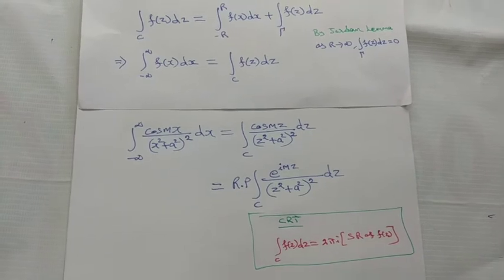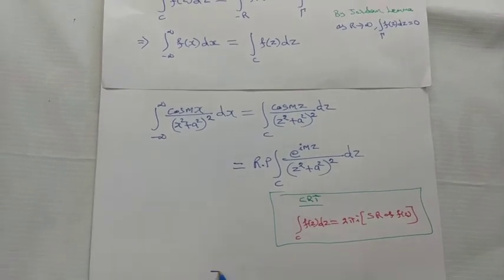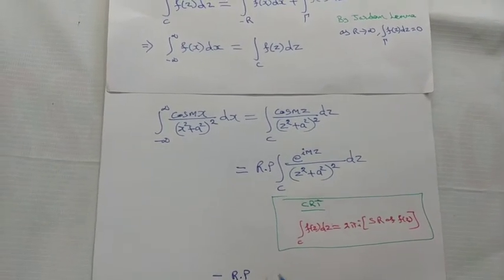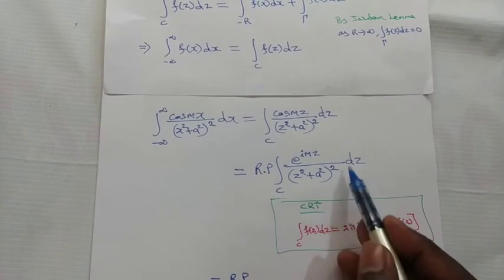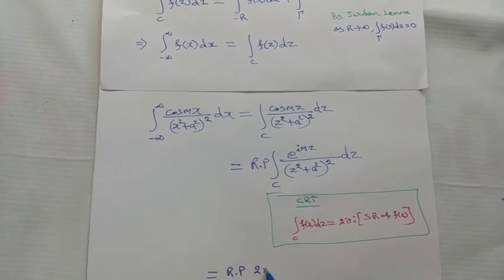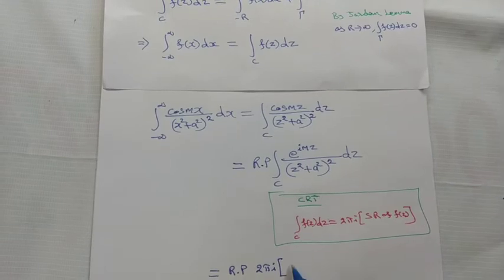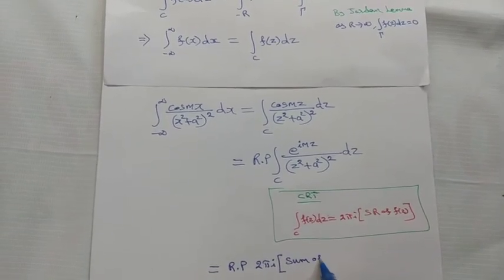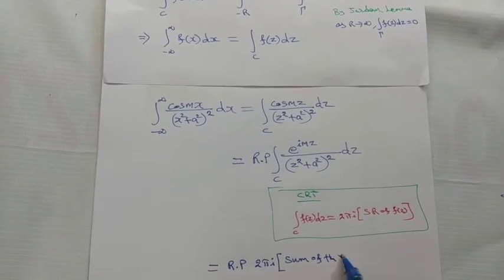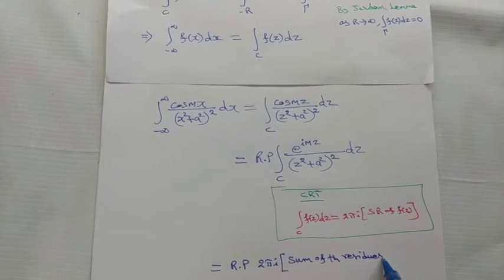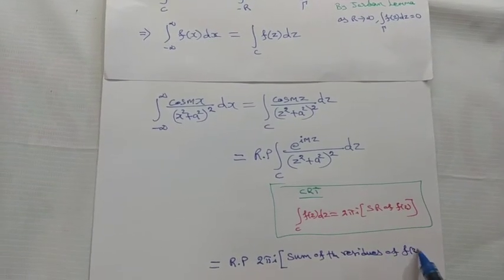Here I am going to apply the Cauchy residue theorem. The real part of the integral over C of f of z dz is 2 pi i into the sum of the residues of f of z.